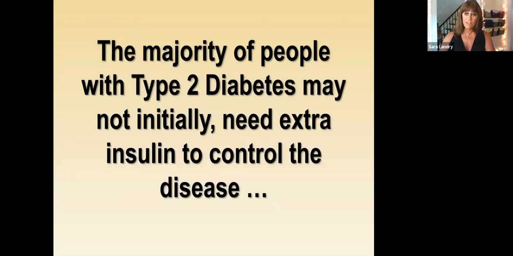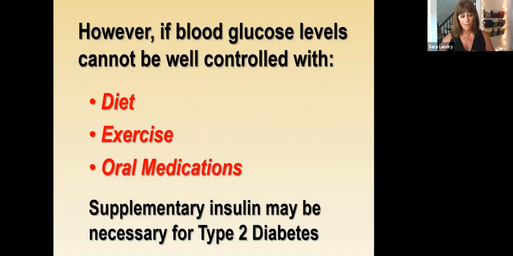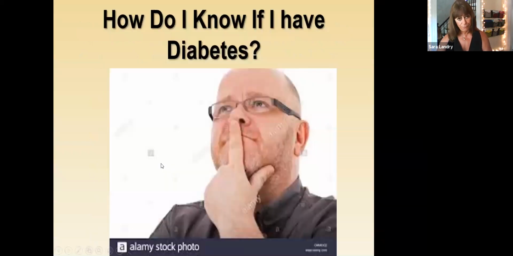The majority of people who get type 2 diabetes, and you tend to get it later in life, may initially, when they first get diagnosed, not need extra insulin to control the disease. However, if you get diabetes type 2 and your blood sugar levels are not controlled with diet, with exercise, or oral medications, then you too will probably eventually need insulin injections.